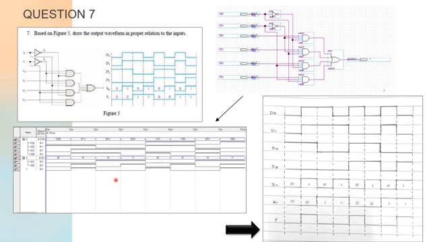And if you simulate, you can find the output of y. This is the theoretical output form. It is a simulation. It matches with the theoretical.